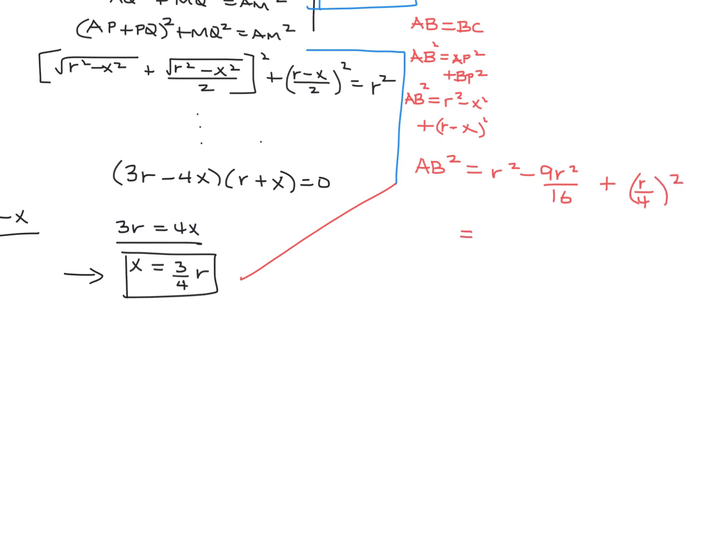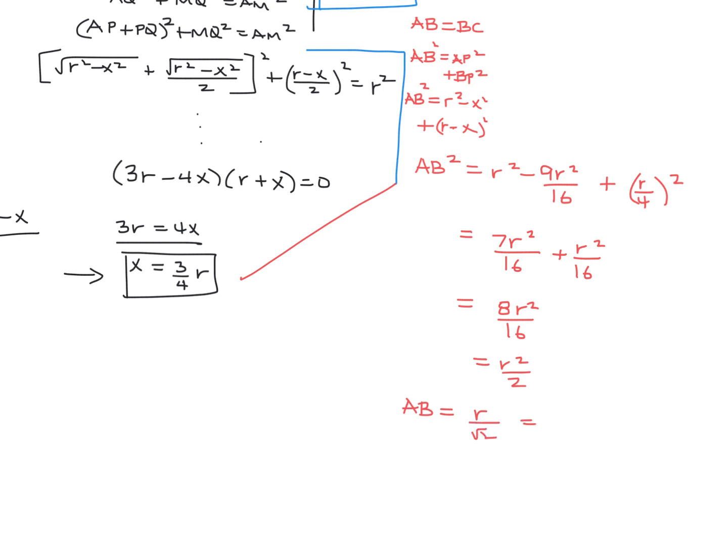Okay, so this one looks like 7 R squared over 16 plus R squared over 16, and therefore that's 8 R squared over 16, and that's R squared over 2, and therefore AB would be the square root of that, so that'd be R over root 2.